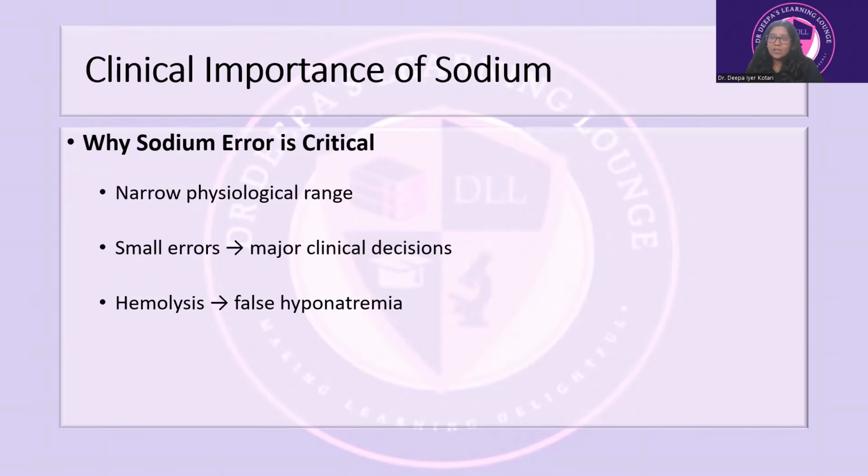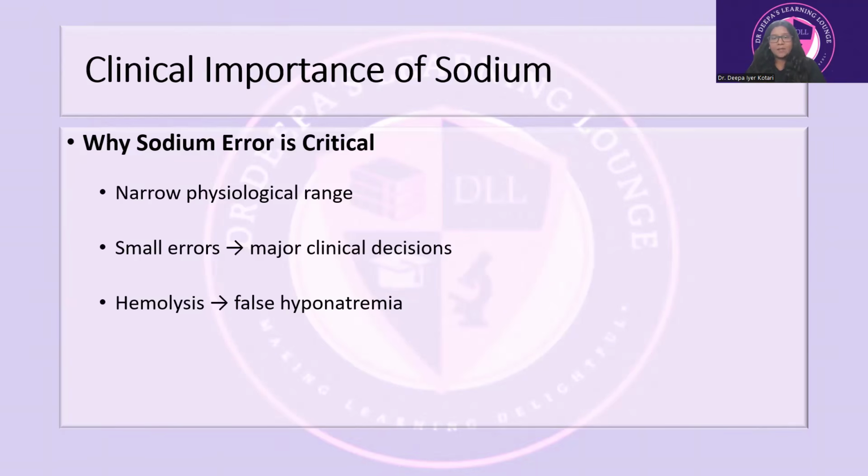For any of these patients, your level of sodium that you're giving out in each of the reports is very, very critical. The therapeutic range of sodium is also very, very narrow. Somewhere between 135 to 145 millimoles per liter is a narrow therapeutic range where you want the sodium to be. Anything that falls short of this or falls above this can have the patient have really bad symptoms.